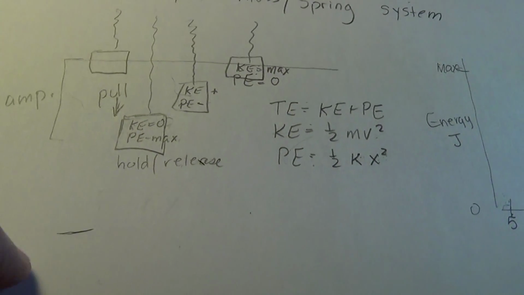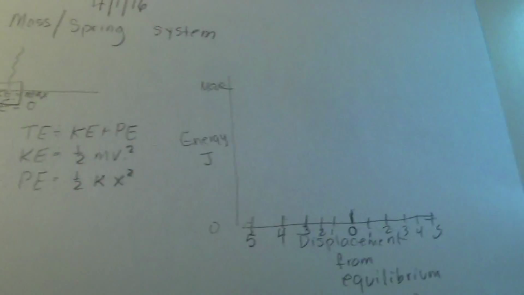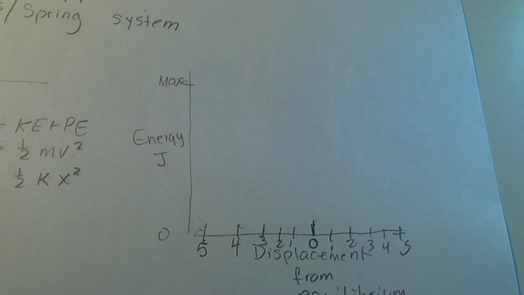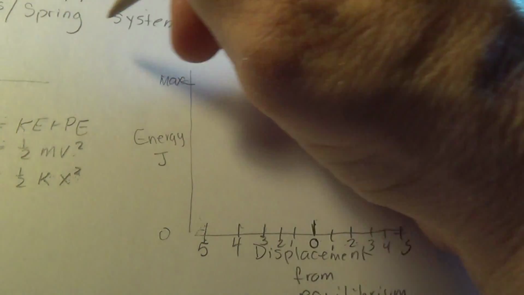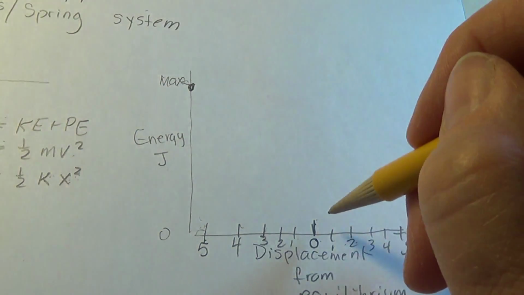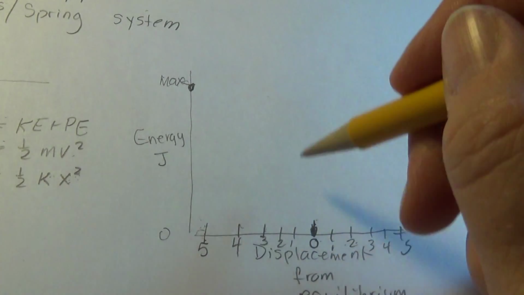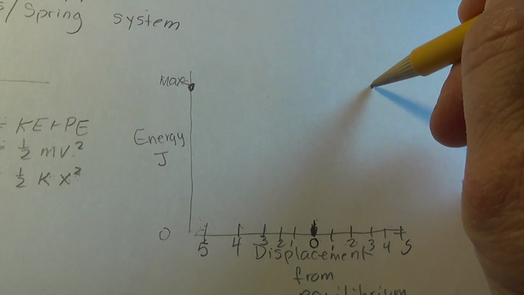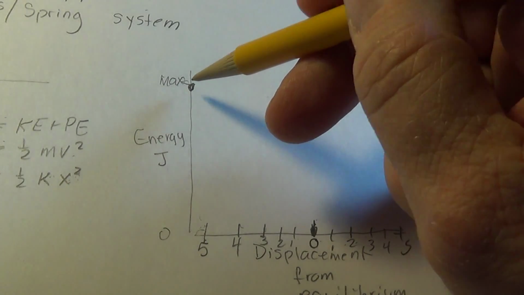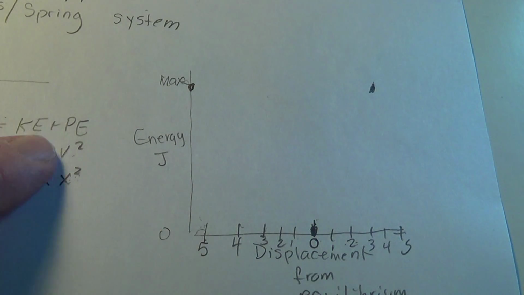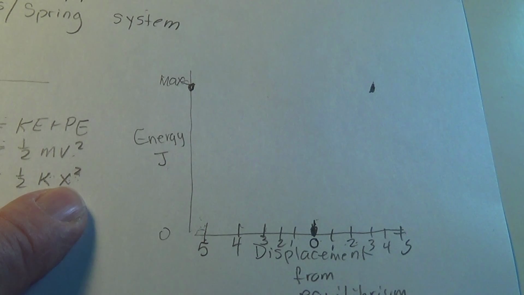And then at the equilibrium, it went down to 0. So potential energy is going to start up here at a max and go down at equilibrium to 0 and then back up to a max. And because this is a quadratic relationship, we have a squared.